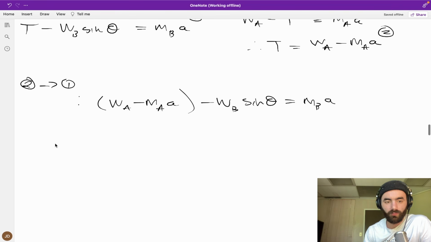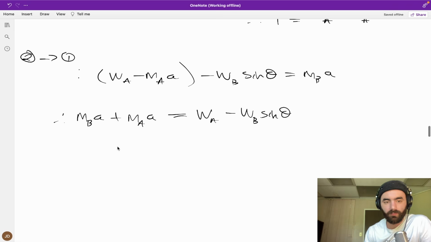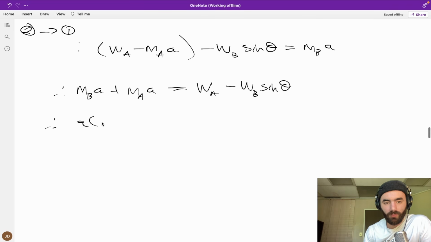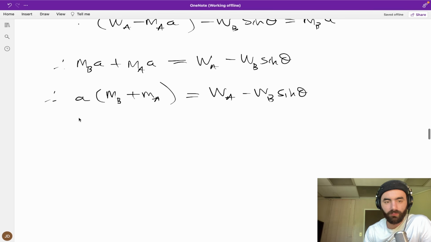Take that over, and we'll get MB a plus MA a equals WA minus, I just took this over, minus WB sine theta. Therefore, our a will be equal to, factoring this out, WA minus WB sine theta over MA plus MB, and we have all these things, so we can find a.